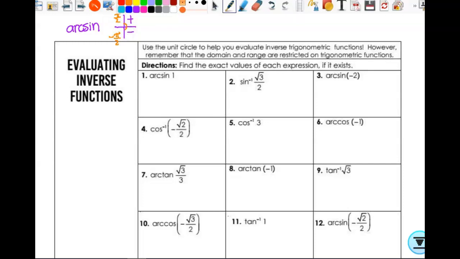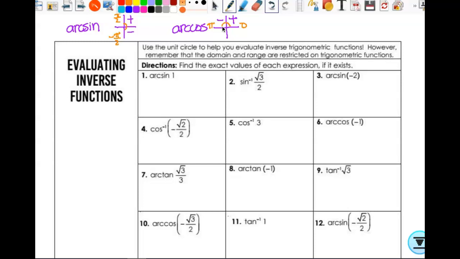Okay, that's all I get to do there. Then my arc cosine. Cosine comes from first and second quadrants, going from 0 to pi. Those are the only two quadrants that I get to pull my answers from. That's it.